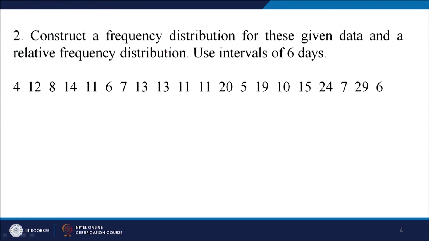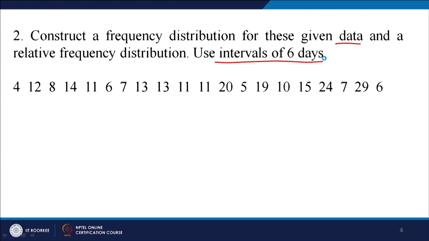Let us move on to the next question. Construct a frequency distribution for the data given below and a relative frequency distribution. Use 6 intervals of 6 days. So, you have got these data points. First of all you need to arrange it, and again prepare different classes.